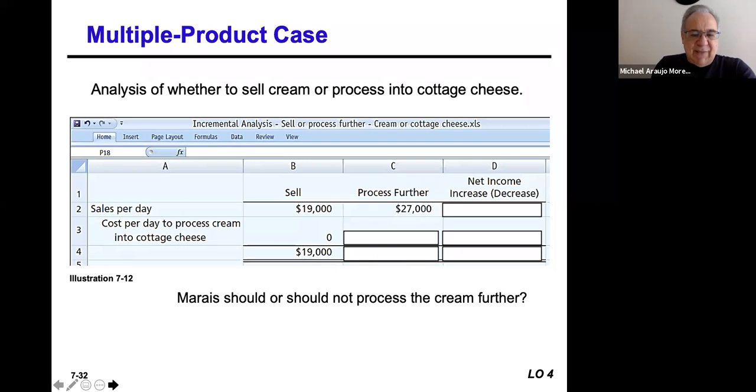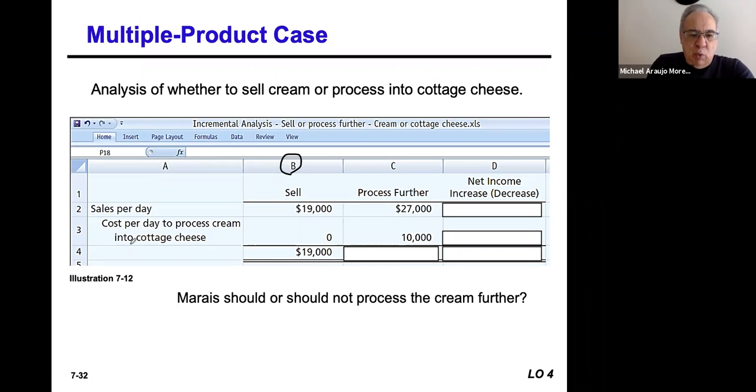If we process it further, that would be cottage cheese, in which we would get 27,000 in sales per day. We already are creating the cream. So there's no additional cost to process cream into cream because it's already cream.